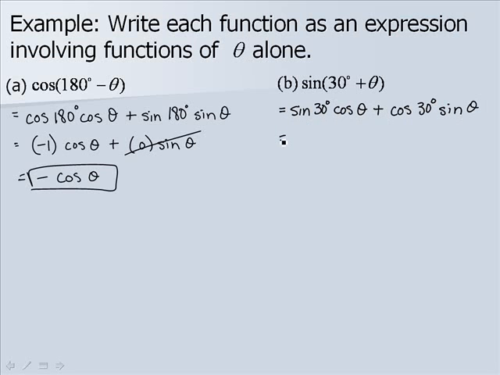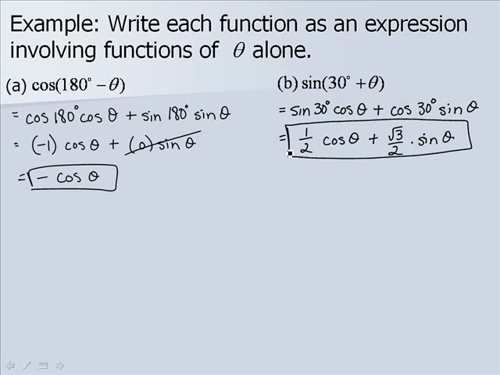Now remember from our previous examples that the sine of 30 degrees was 1/2 times cosine of theta plus, and the cosine of 30 degrees was the square root of 3 over 2 times the sine of theta. And since nothing disappears as it did in the previous example, that's our final answer.